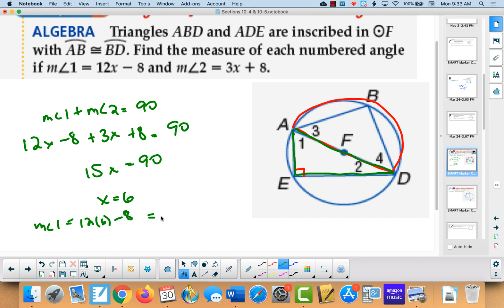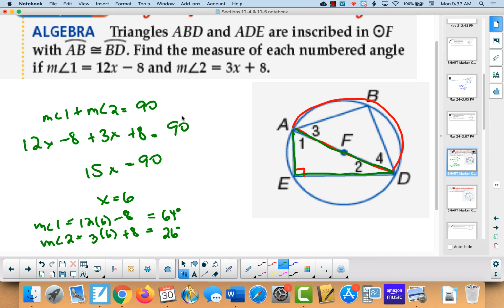That's 72 minus 8, or 64 degrees. And the measure of angle 2 is 3 times 6 plus 8. That's 26 degrees. And then we can see together those two add up to 90.